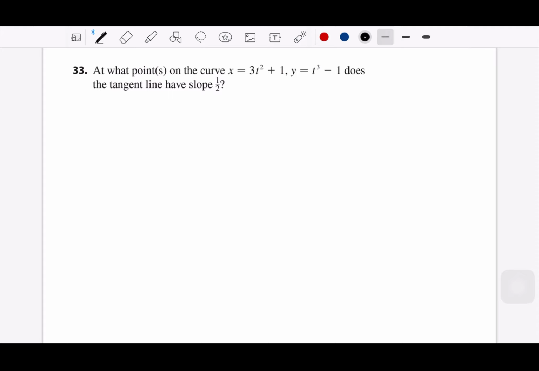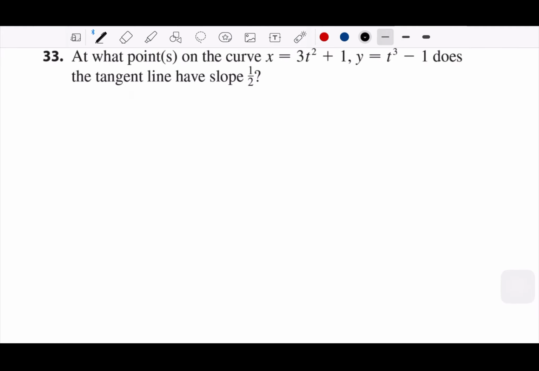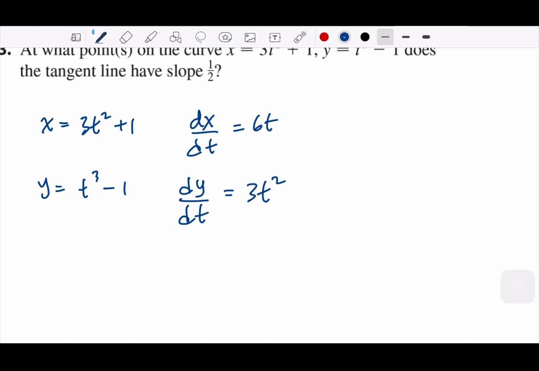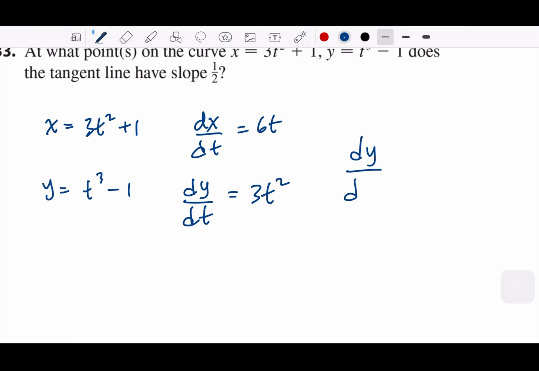So let's check. Let me write: x is 3t squared plus 1, so dx/dt becomes 6t. y is t cubed minus 1, so dy/dt is 3t squared. A common mistake that I see in students in previous years is that if you want the tangent, that is dy over dx, you put the wrong equations, x here and y here.